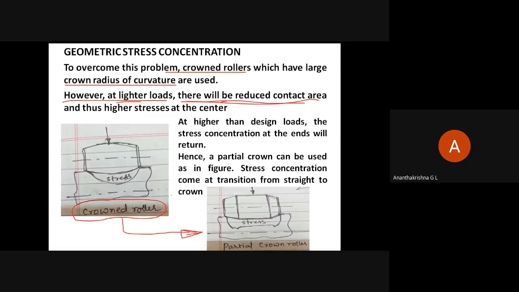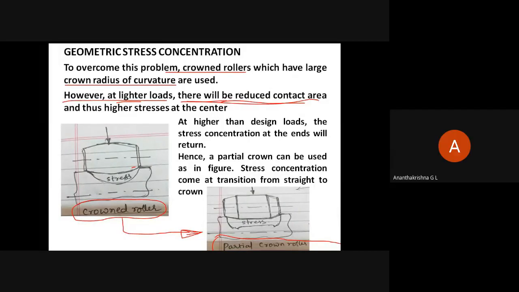The shape of the roller has been changed, sir. Change it to what type? Partial crown roller. Yes, sir. Partial crown roller it was made.